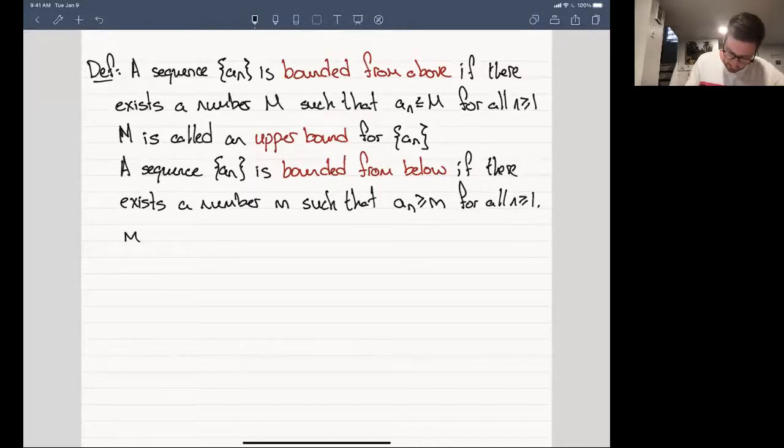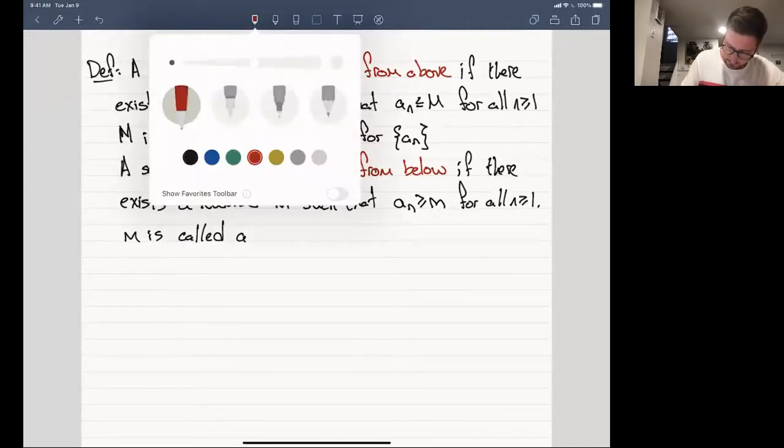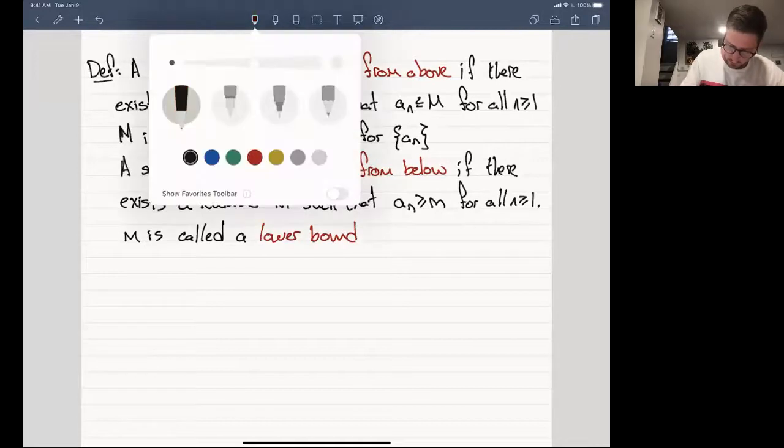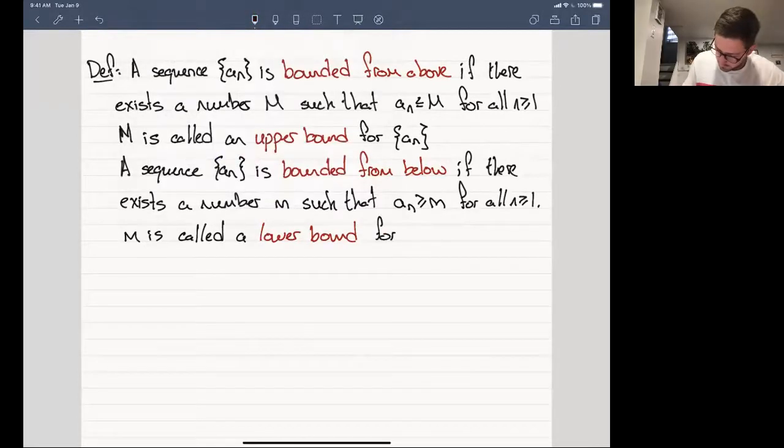And in this case, m is called a lower bound for the sequence a_n. So a lot of writing for now. We need to establish our definitions.